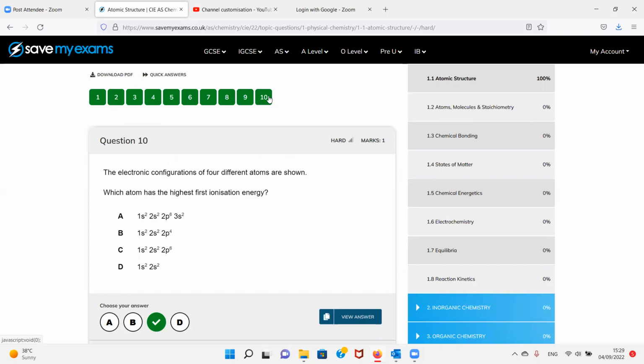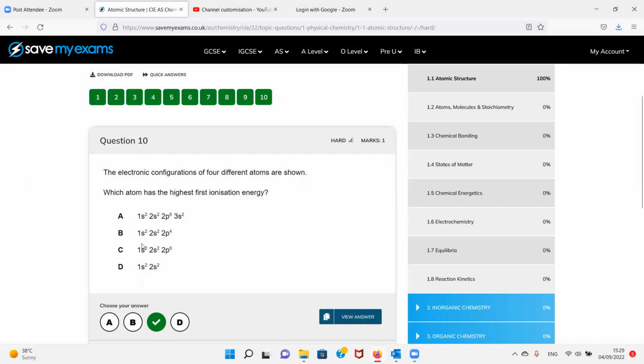Finally, the electronic configuration of four elements of different atoms are shown below. So which atom has the highest first ionization energy? So here you have the first atom, second atom, and the fourth atom.